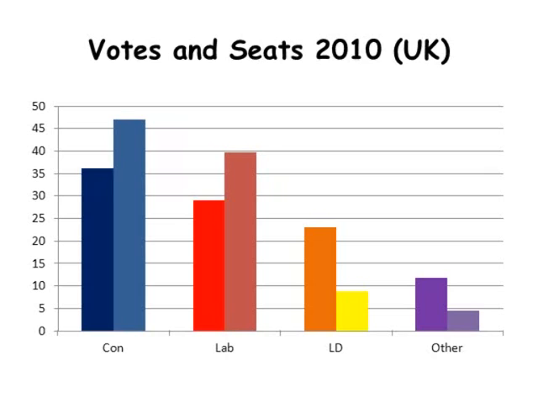That's the distribution in terms of the UK vote. The first column here represents the party's vote share, and the second column represents its seat share. Okay, votes and seats, and so on.